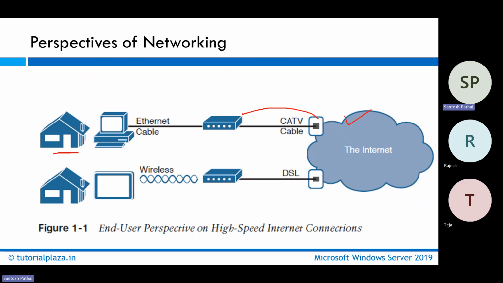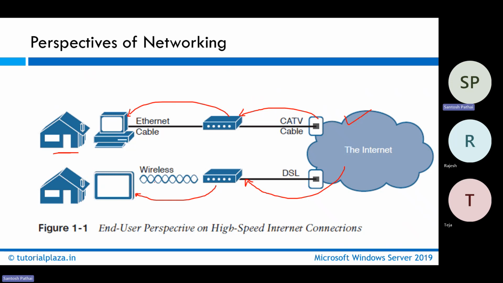The internet is coming to the router, and it is coming to the computer, or through a DSL modem to the wireless router, and they are accessing the wireless devices. So that is a normal communication. It is a representation of the internet for a normal end user.